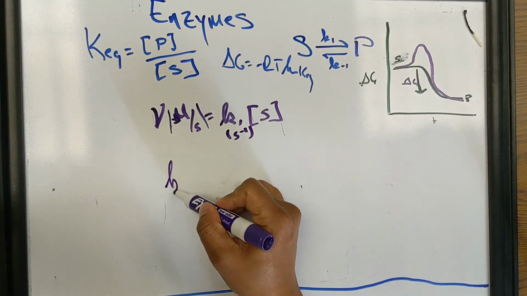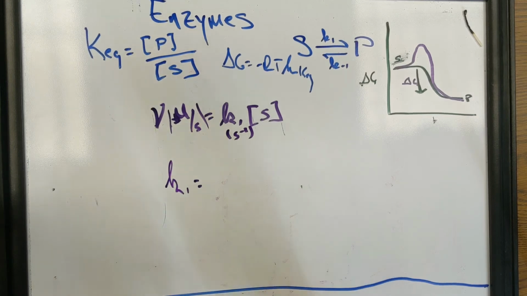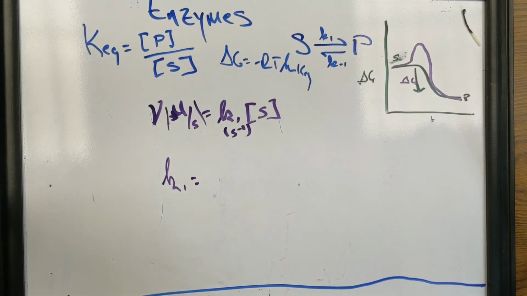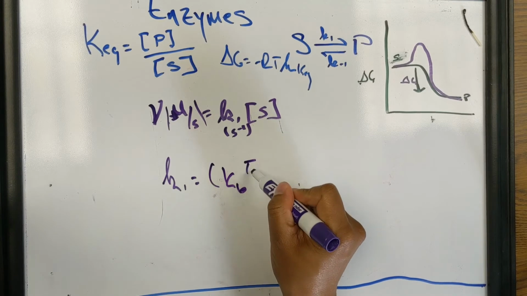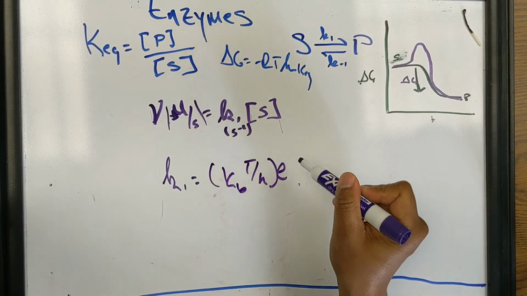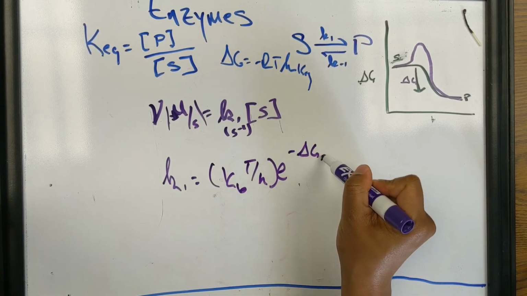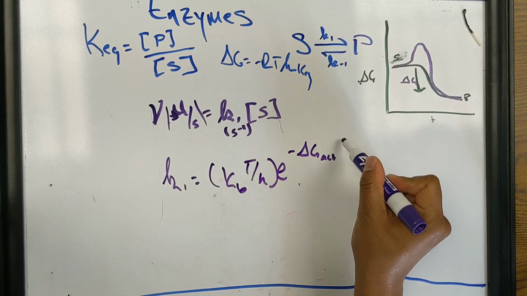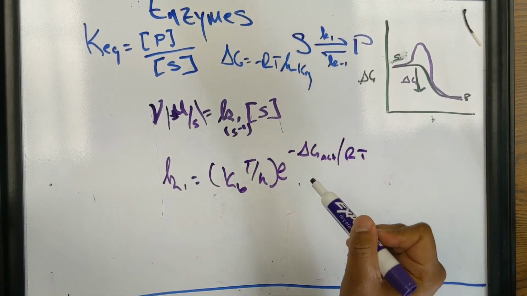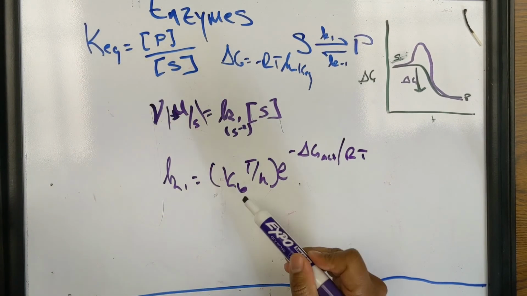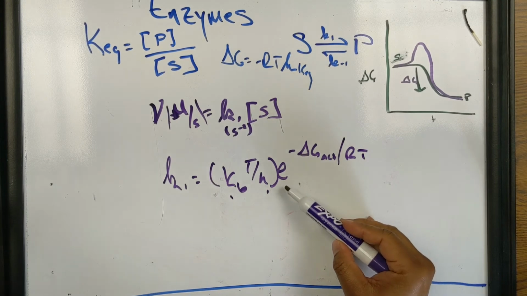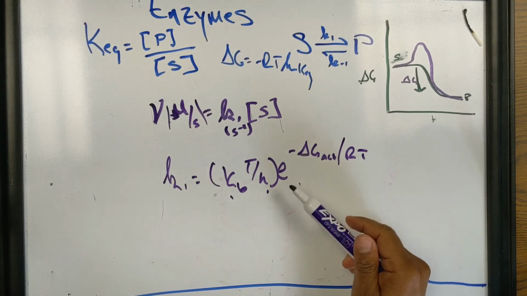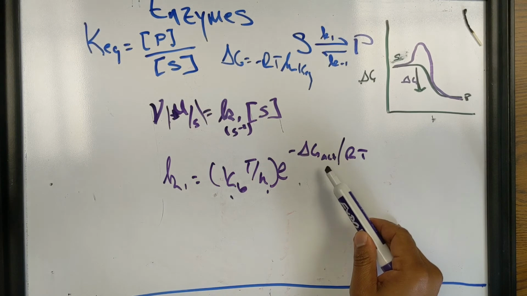And that K1 here is equal to a long expression that I'm not going to make you know, but basically it's kB T over h times e to the negative delta G activation energy over RT. So here, this is a constant, this is a constant, this is temperature in Kelvin, this is the natural exponential function e, and then here is the activation energy.